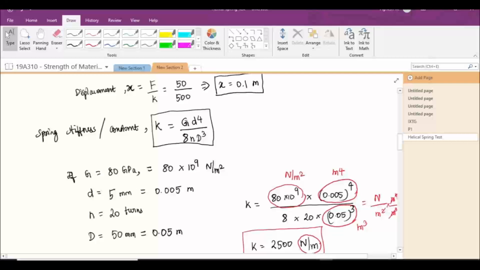G is nothing but the modulus of rigidity or the shear modulus. Small d is the wire diameter, so d power 4, wire diameter power 4, divided by 8 into n, the number of turns in the coil, and capital D is the mean diameter of the spring.